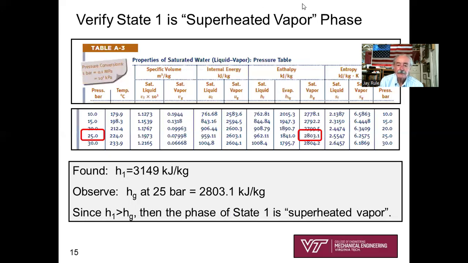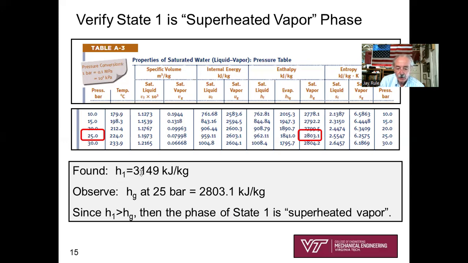Okay, state 1. We need to verify that state 1 is superheated vapor phase. How do we do that? I drew my PV diagram, and just because of some experience, I said I've got a sneaky suspicion that state 1 is going to be a superheated vapor. And I can confirm that. If I go to my pressure table at 25 bars and look over here at Hg, I see I've got 2803.